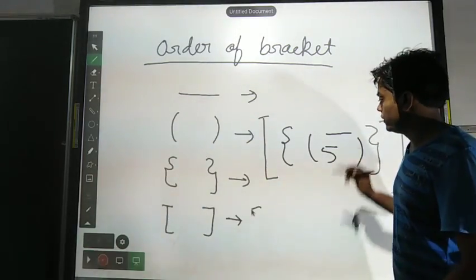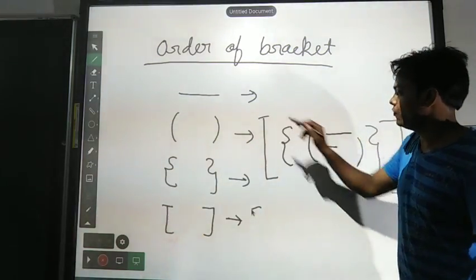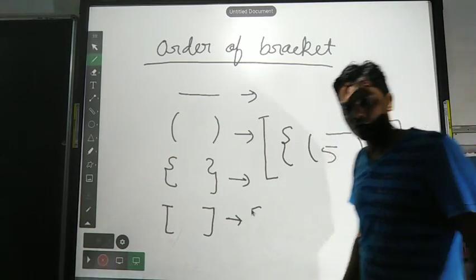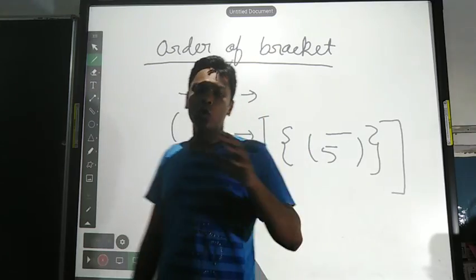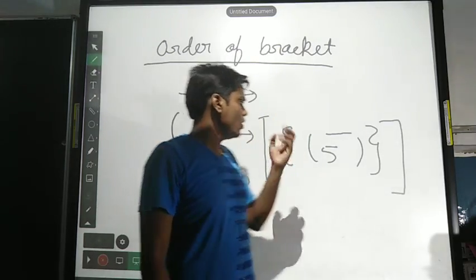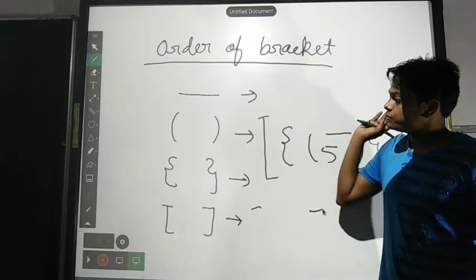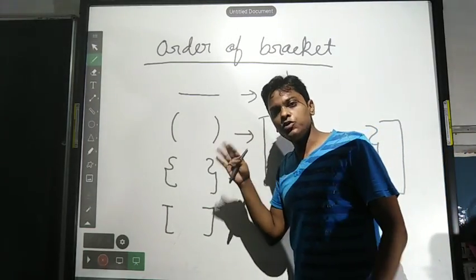This is the order: 1, 2, 3 and 4. First, second, third and fourth. This will be the order to solve all these brackets. Now how can we deal with a question if all these come together?